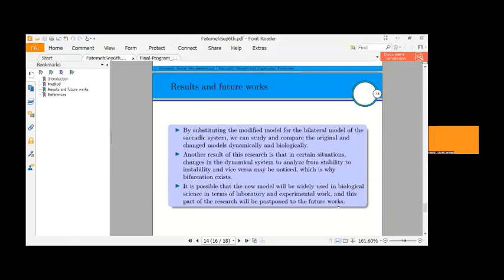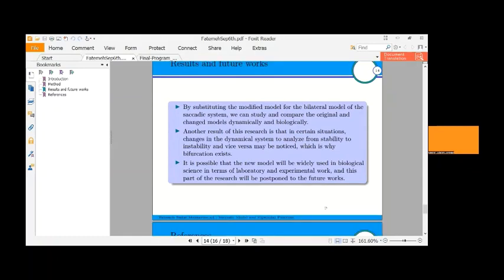At the end of this presentation, I want to mention some results and future work. By substituting the modified model for the bilateral model of the saccadic system, we can study and compare the original and changed models dynamically and biologically.